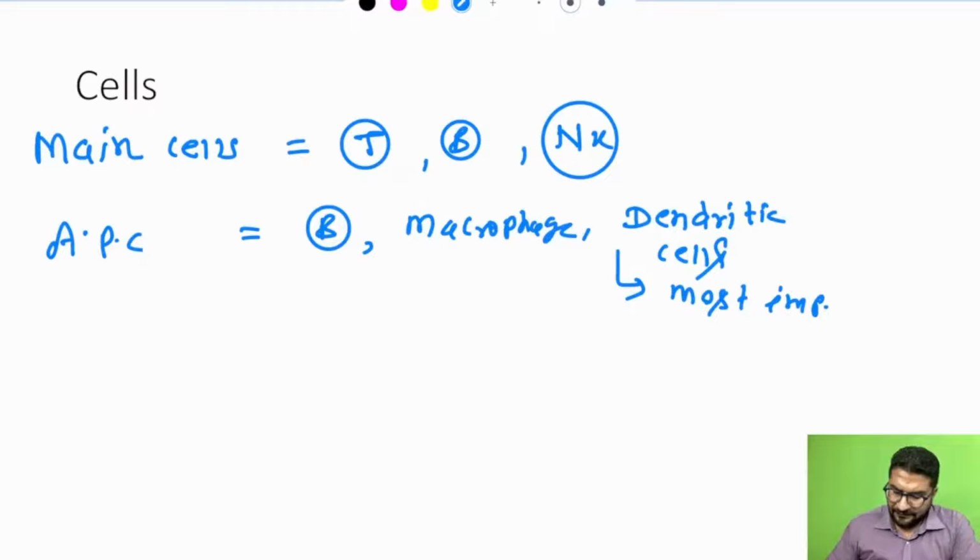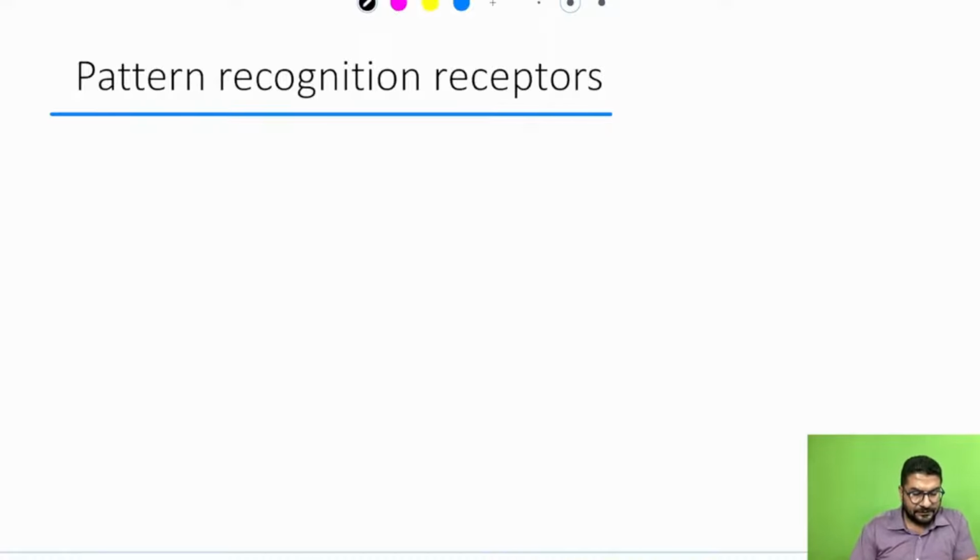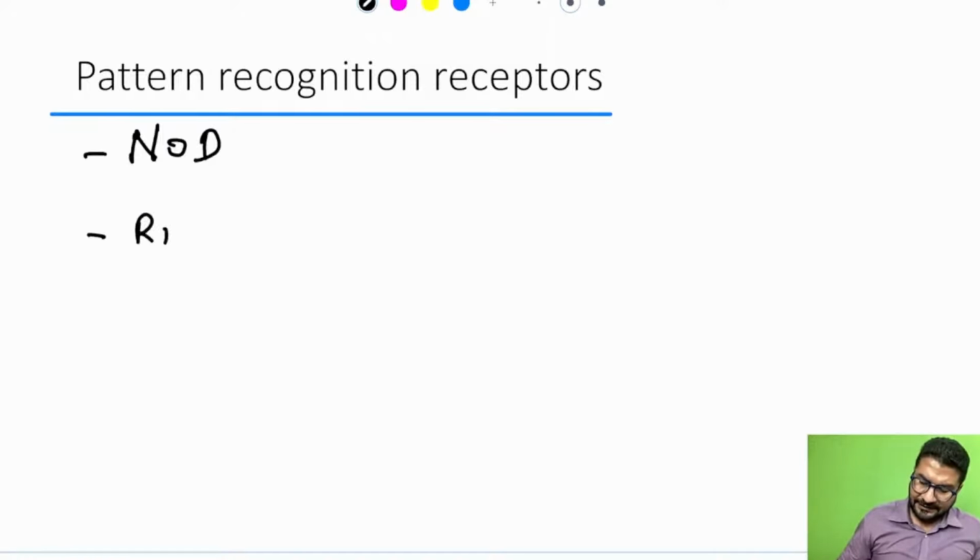Then understand this thing, we have different types of pattern recognition receptors. What are pattern recognition receptors? We have NOD-like receptors. Then we have receptors called RIG-like receptors. Then we have C-type receptors.